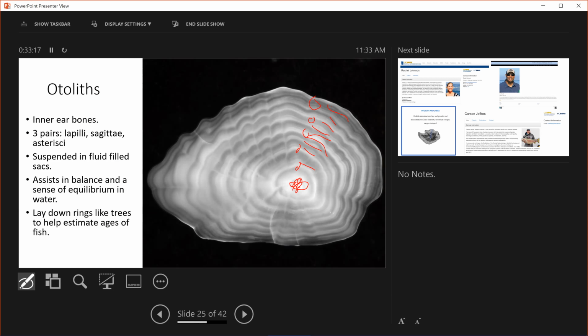One of the cool things they found is that it seems like there's a race of salmon that historically didn't go out to sea in the Sacramento-San Joaquin River system. Most salmon go out to sea for several years and come back. Well, it turns out there was a bay run. They didn't go all the way out to the sea, and they found these in middens from Native Americans up on the Feather River.